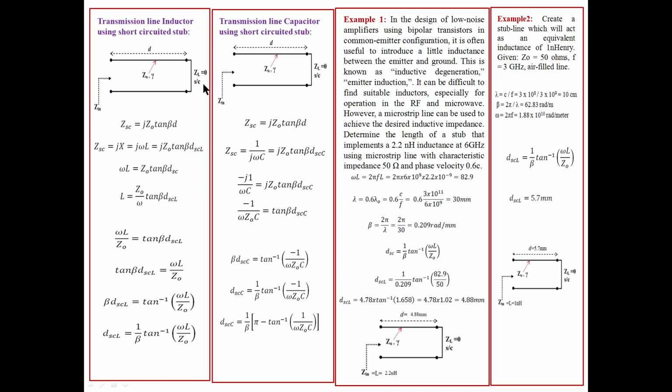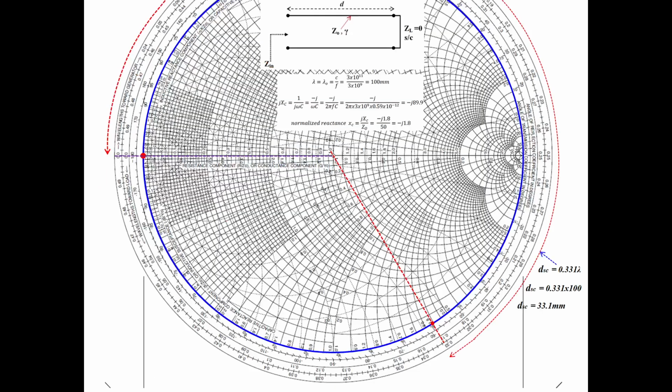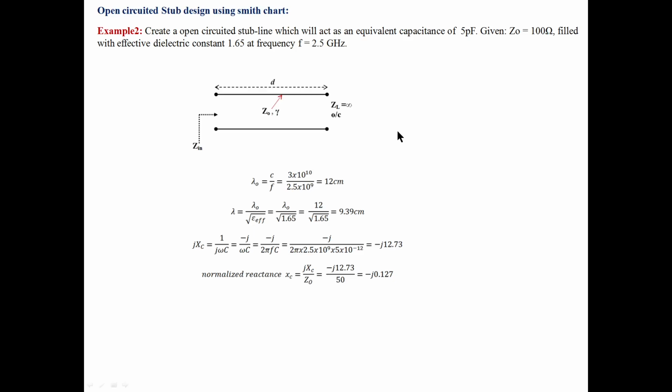So instead of the short circuited stub, we can use an open circuited stub also to implement the inductor and capacitor. In the next problem, we will see how to use an open circuited stub to implement some component.